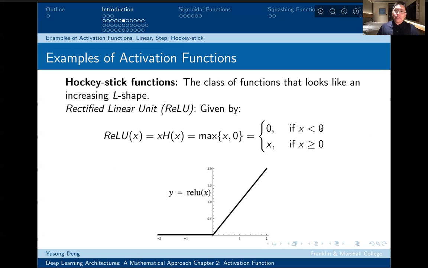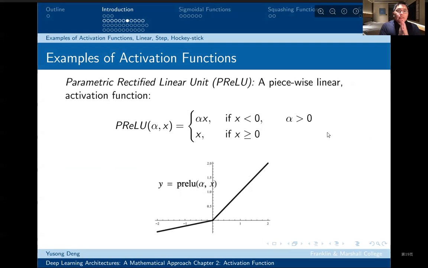Remember that it is really useful, especially in the hot fields these days, like computer vision and NLP. It has more complicated uses these days than before. Another one is the p-ReLU, the parametric rectified linear unit function.